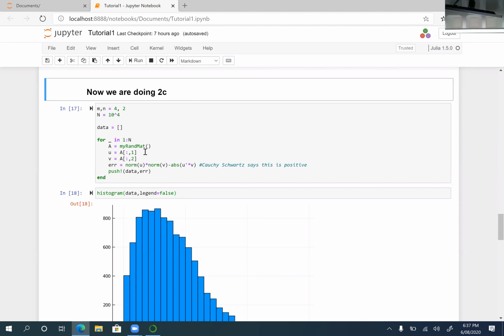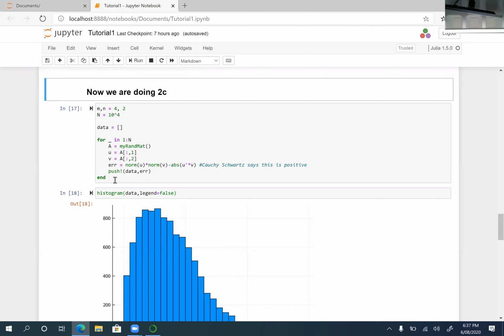So according to Cauchy-Schwarz, these are meant to be positive. And then again, you see the word push, exclamation below that. So we're doing the same trick here. We're appending onto data in each iteration this presumably positive number. And that's how we build our data set.